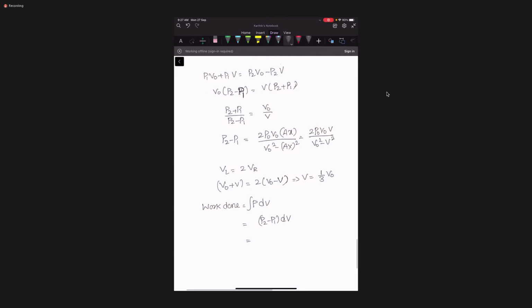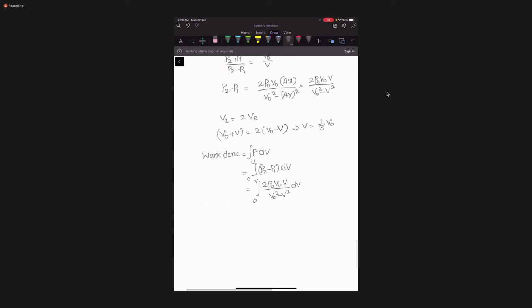P2 minus P1 is integral 2 P naught V naught V divided by V naught square minus V square dV. Clear? So your integration limits will be from 0 to V, right?